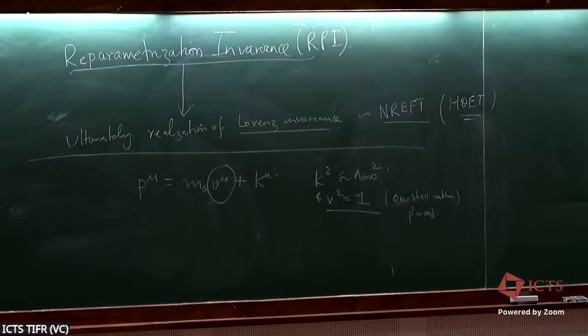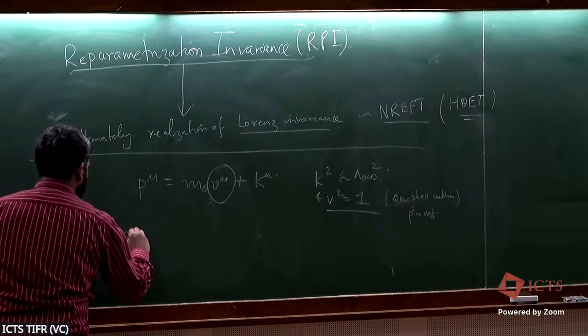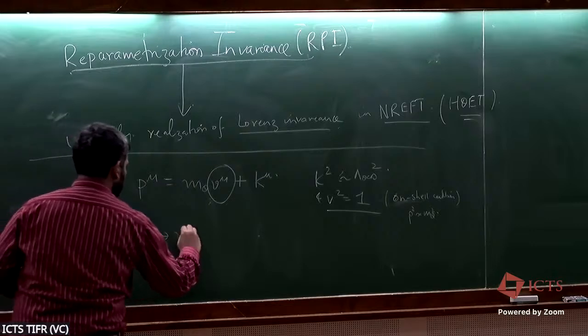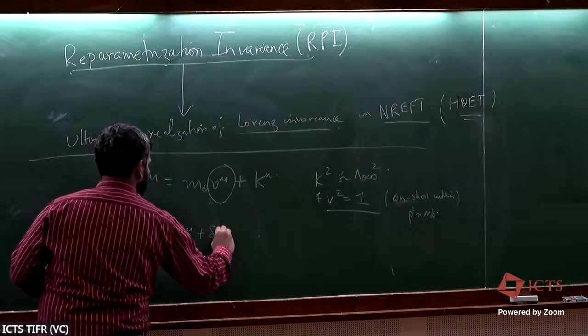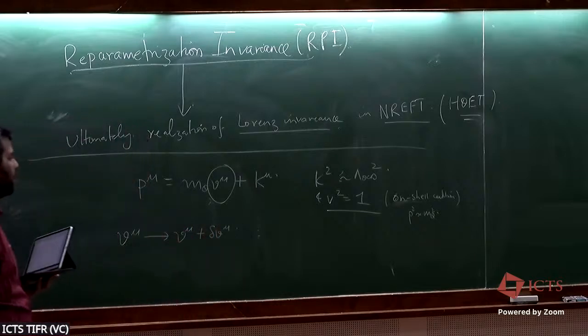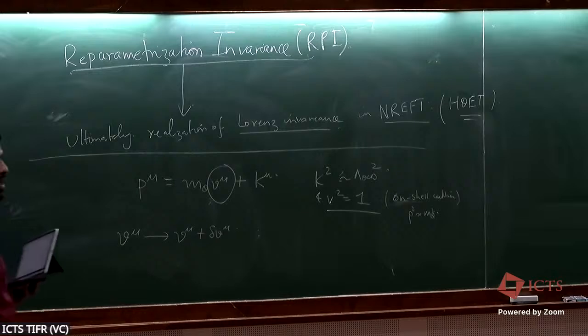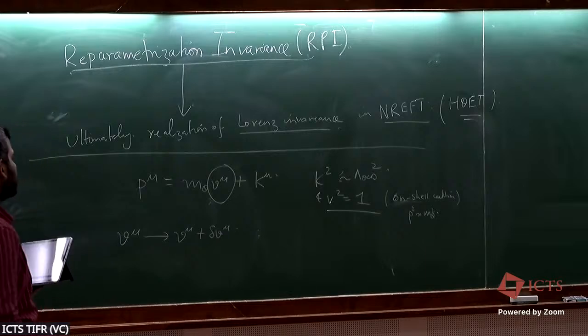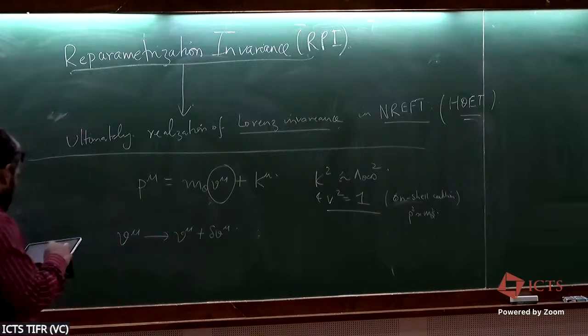And ideally, what we would expect is that for any change in V mu that we make, the physics should remain the same. My HQET Lagrangian should remain the same as the HQET Lagrangian. It should not change because this V mu is not something unique in a way.